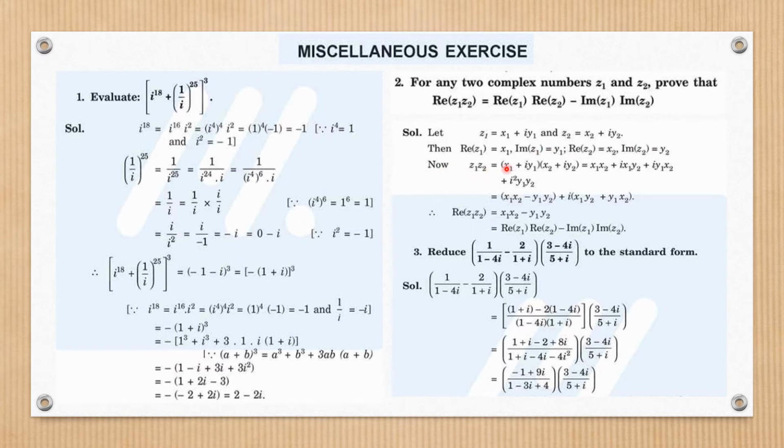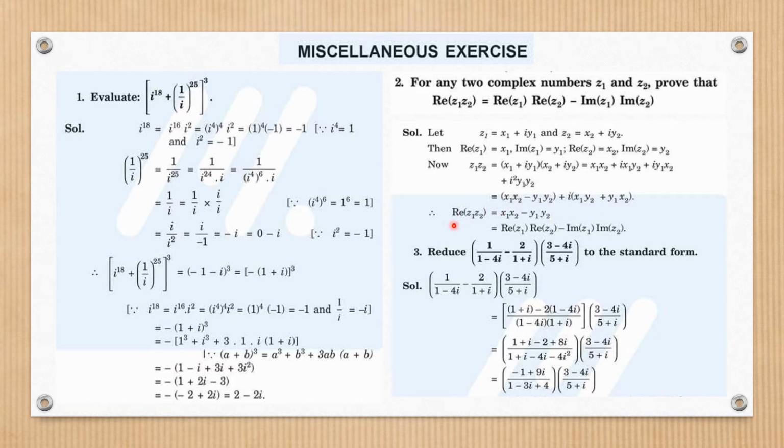Now z1 into z2 is the product of these two, which becomes x1 x2 plus iota x1 y2 plus iota y1 x2, plus iota square y1 y2. Now iota square term becomes minus y1 y2, and it merges with x1 x2, so that we can arrange it to real term plus iota term. So it is x1 x2 minus y1 y2 plus iota, both these terms have iota common, so plus iota times this term, right?